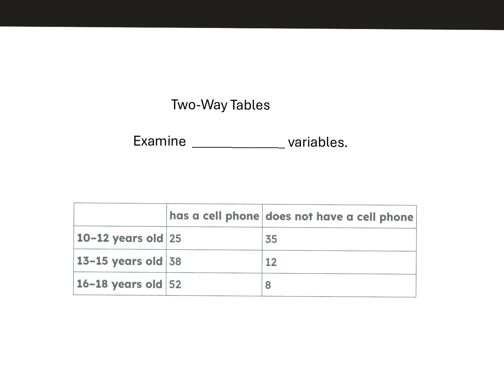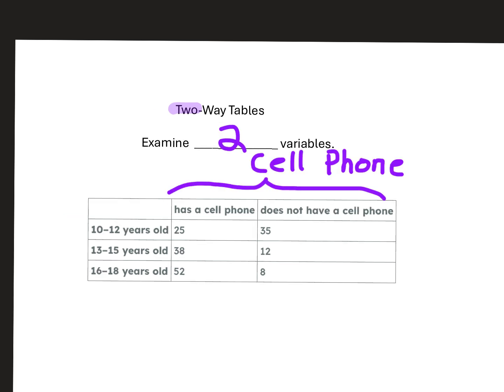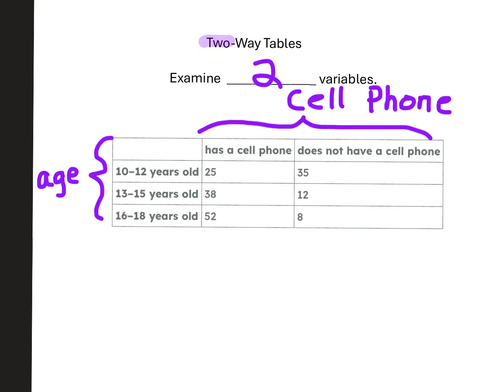And the reason these are called two-way tables is because they examine two variables. The first variable in this case is whether or not people have a cell phone. And then our other variable is age.